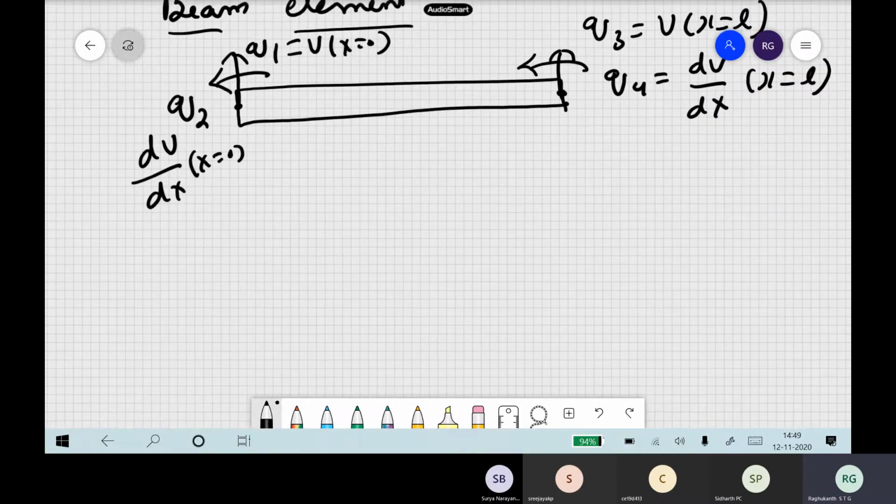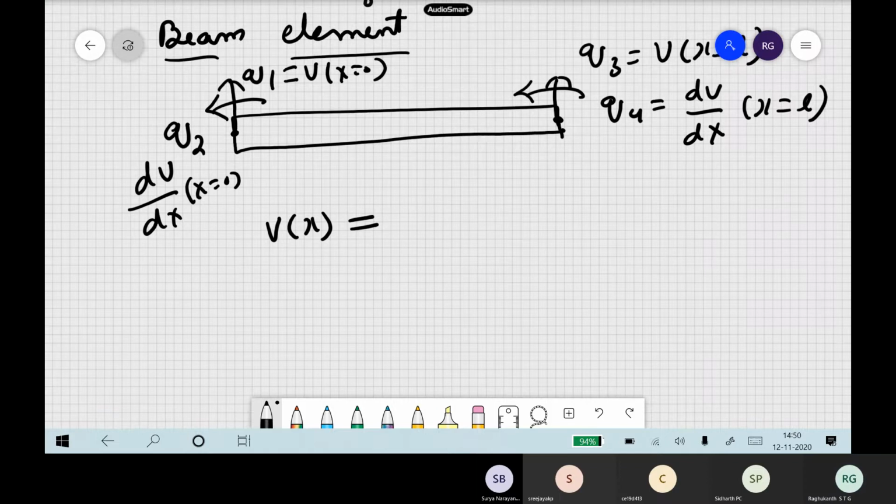Now what will be the order of the polynomial you have to use for interpolation at any point inside this element? There are 4 unknowns. With 4 points, what order can you fit? Third order, a cubic polynomial.